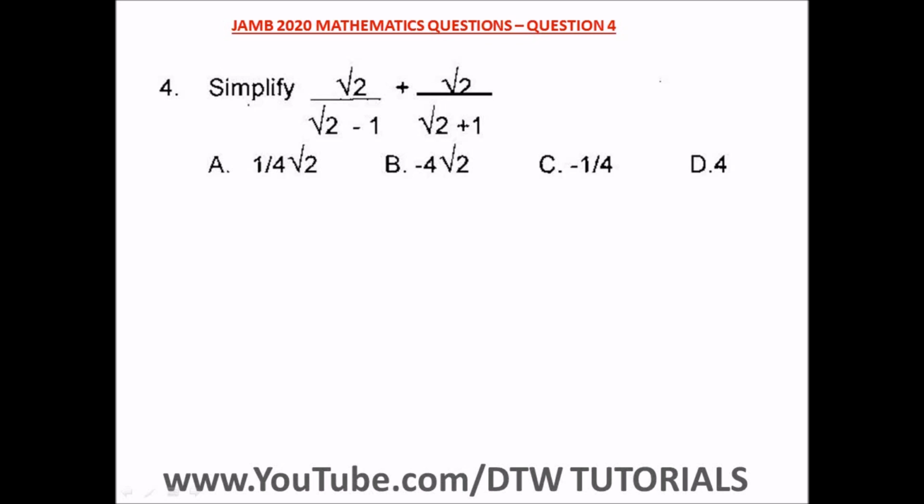For number 4, we are asked to simplify root 2 over root 2 minus 1 plus root 2 over root 2 plus 1.